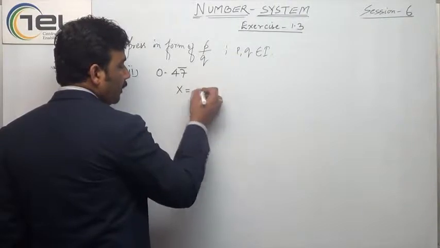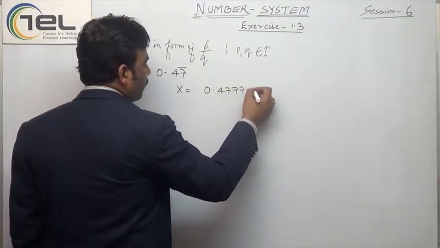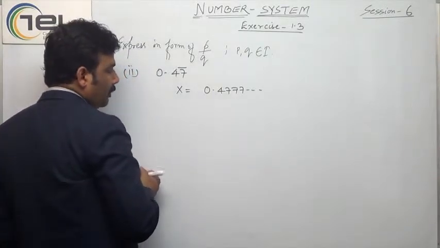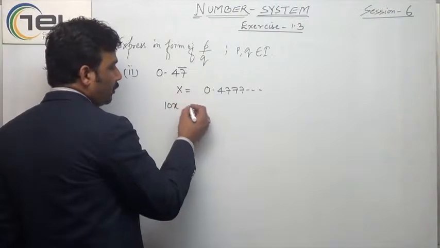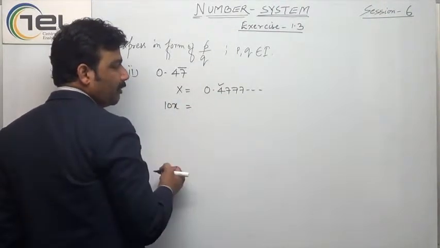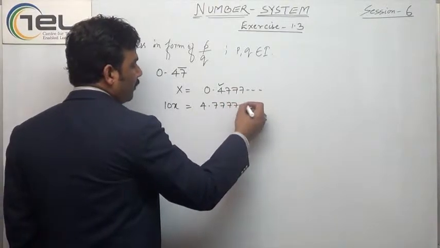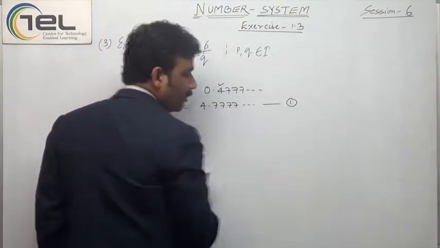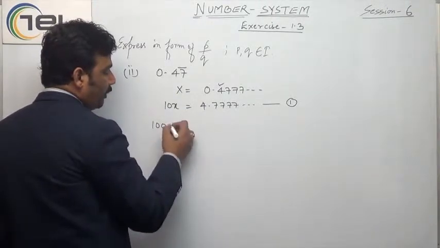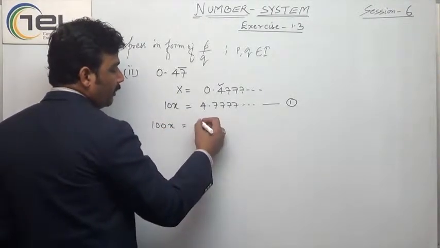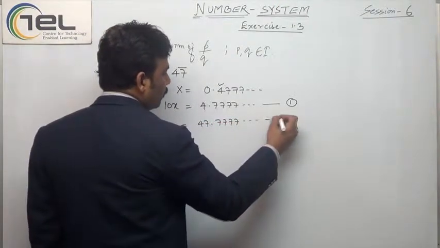Again, take x is equal to 0.4777 and so many number of times. First of all, I will multiply it by 10 because only one non-repeated term is there, so it will be 4.7777 and so on. Let's make it equation number 1. Again multiply equation number 1 by 10, I get 100x, it will be 47.7777 and so on.